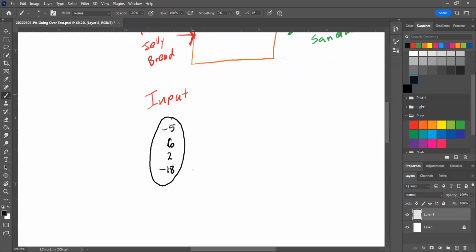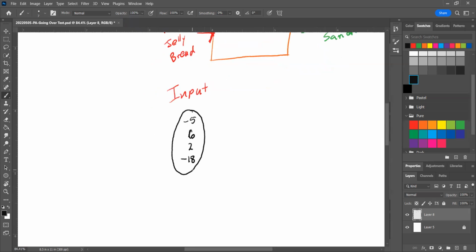So if those were our possible inputs into some sort of function, and our possible outputs are 6, 12, 13, -2. This is our output of our function, or not a function. Who knows? We're about to find out.